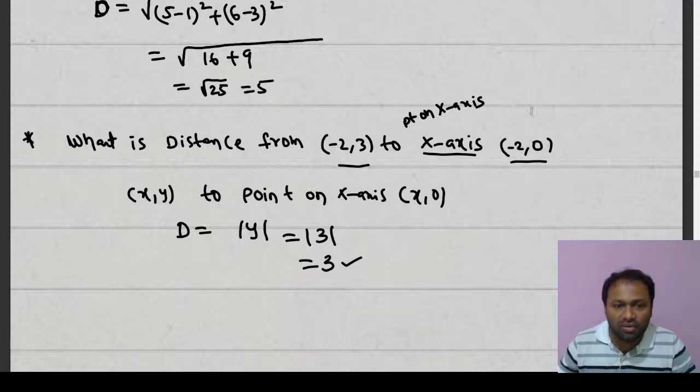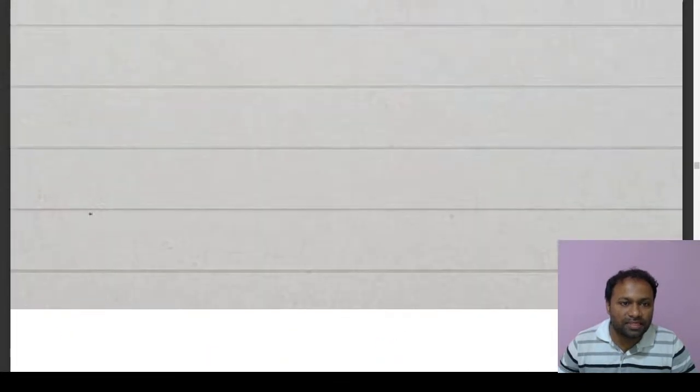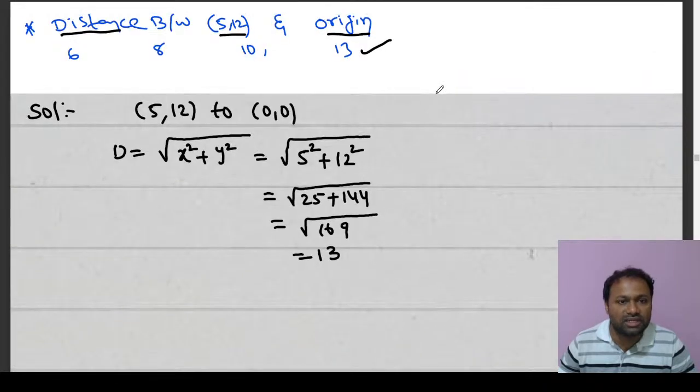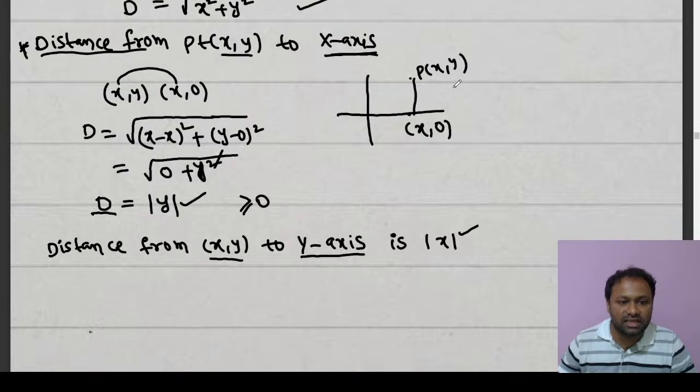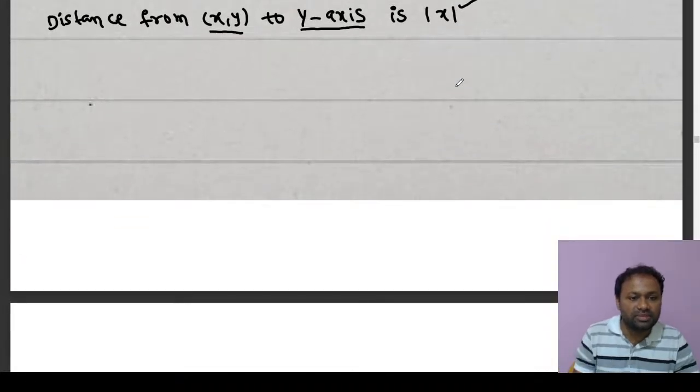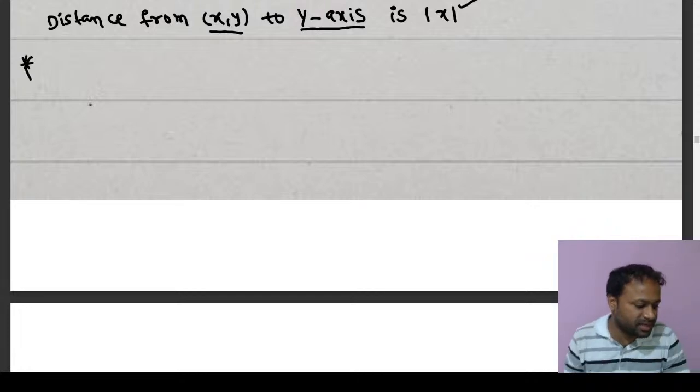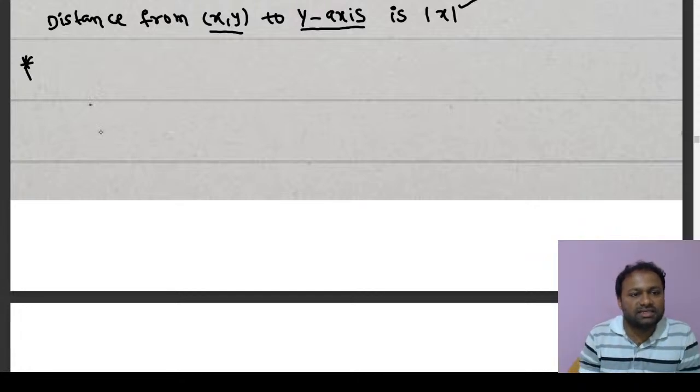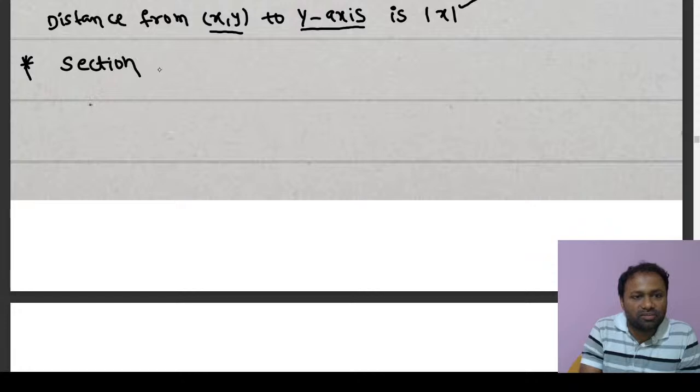Now I am going to do one more condition. What is that condition? I will go to the space, this is the space we have. One more condition, that is the section formula.